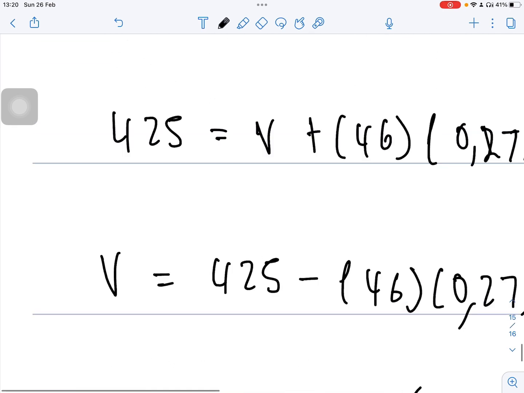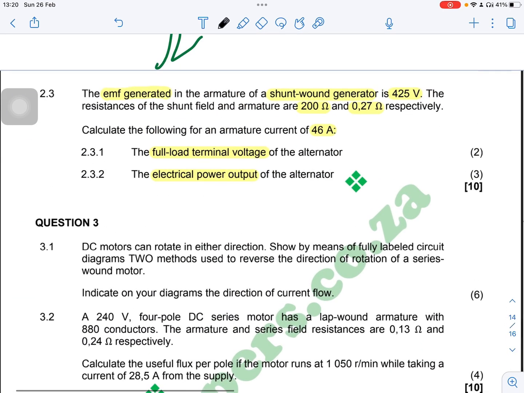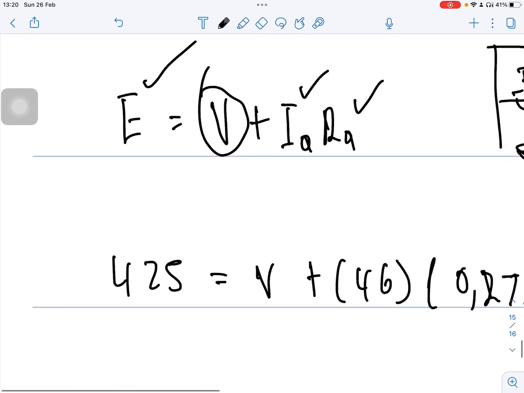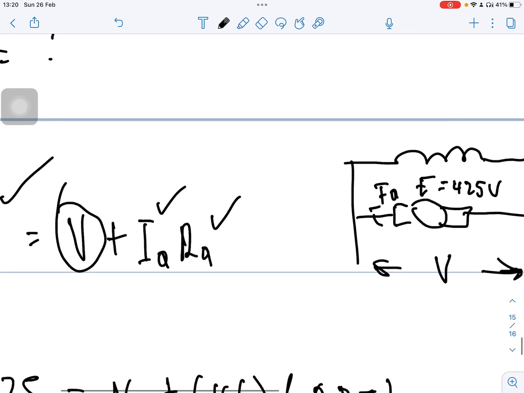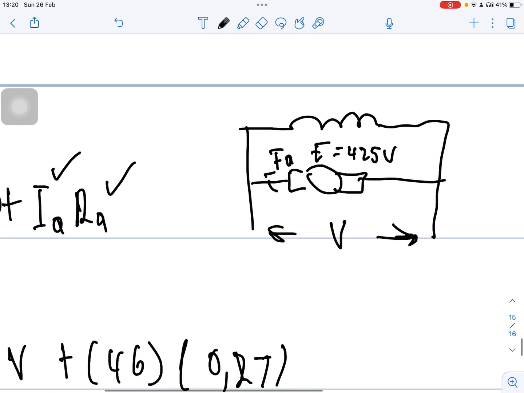The nice thing about this one, they are telling you that the power is electrical, meaning that power out is given by V times I_L. So in this situation, I'm going to need I_L.